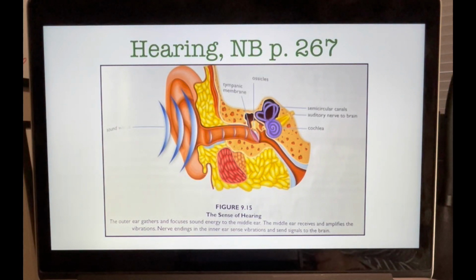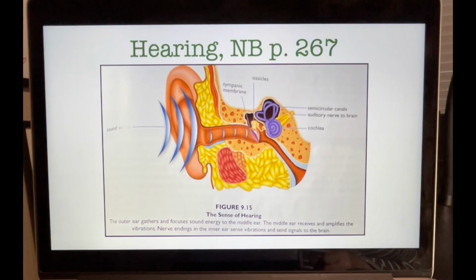Hearing. The bowl in part 2 of experiment 9.1 that we are actually going to do in class is a pretty good illustration of the sound sensing mechanism in your ears. Each of your ears has a thin layer of tissue called the tympanic membrane that is tightly stretched across the ear canal.